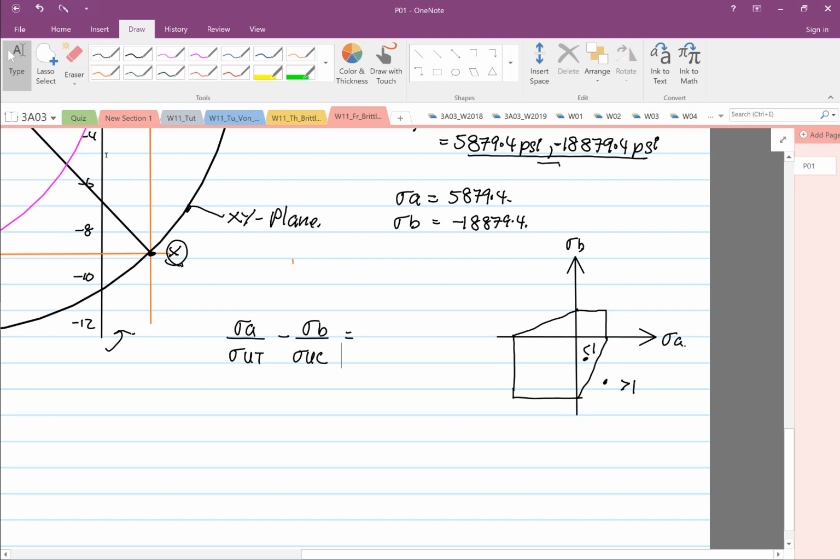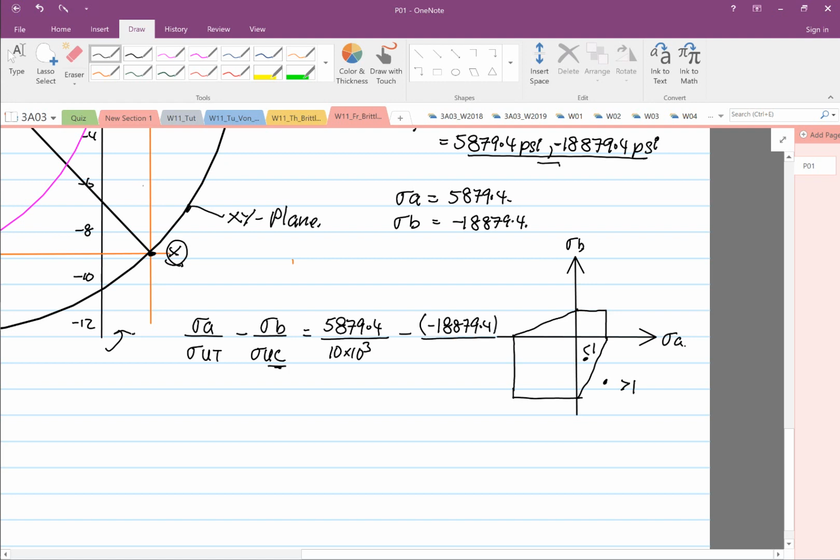Okay, let me move this further. So this will be 5,879, and then divide by the ultimate tensile, which is 10 times 10 to the power 3, and then minus, you have to include your minus sign down here, and then for the compression over here, you just put the magnitude, which is 30,000.